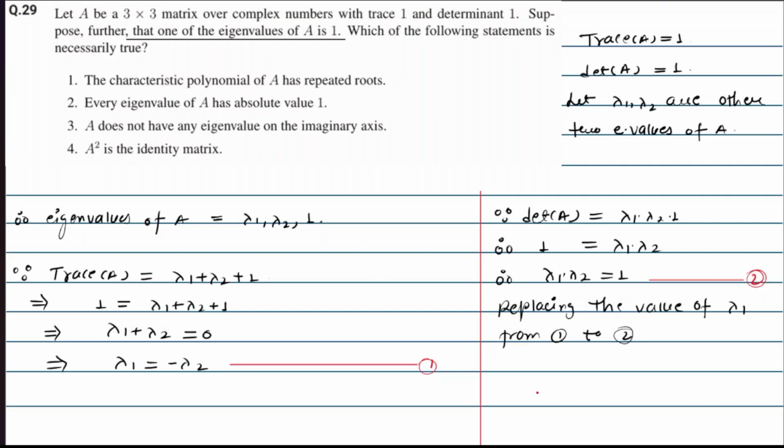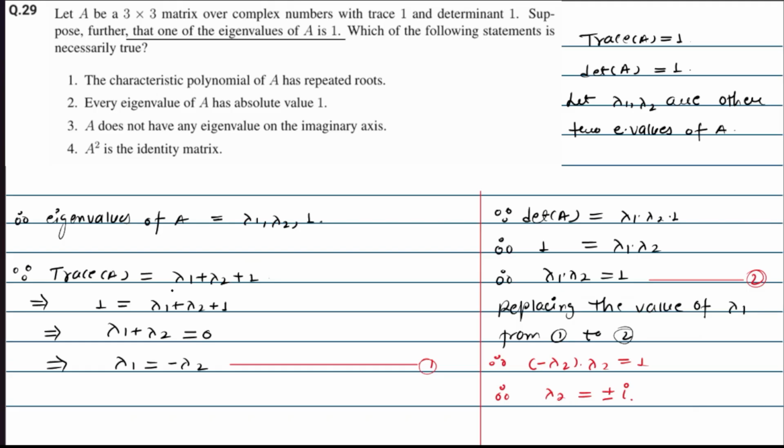Therefore I get minus lambda 2 into lambda 2 is equal to 1, and this means lambda 2 is equal to plus minus iota. Now, if lambda 2 is plus iota, then lambda 1 is equal to minus iota from equation number 1.